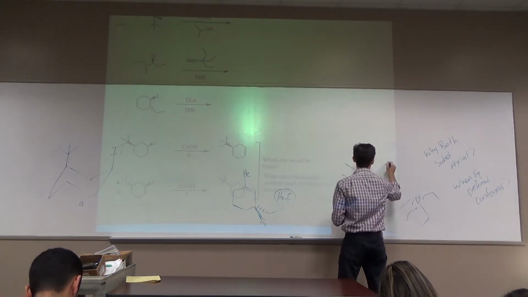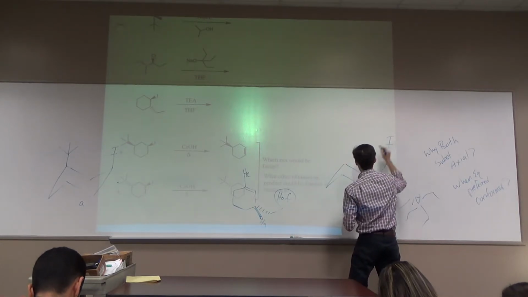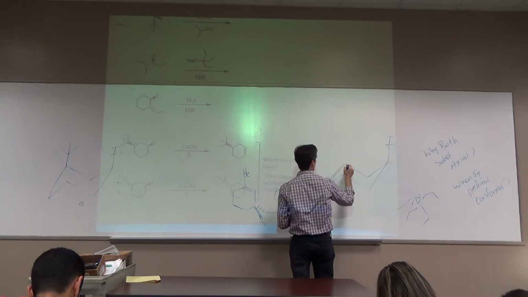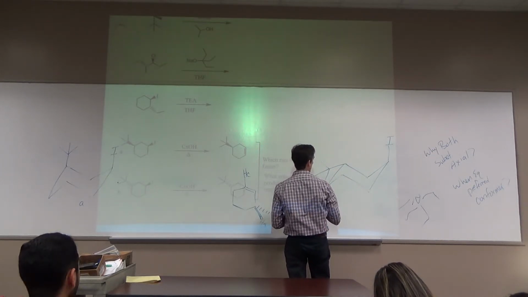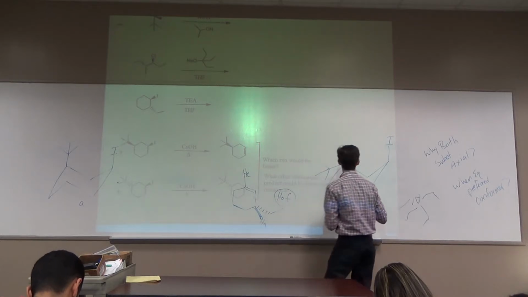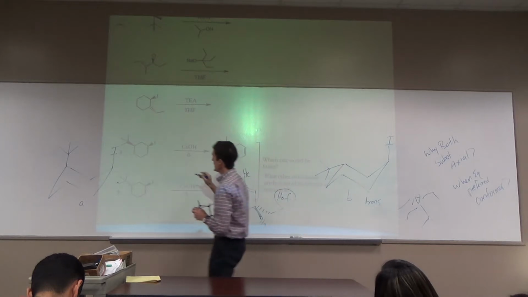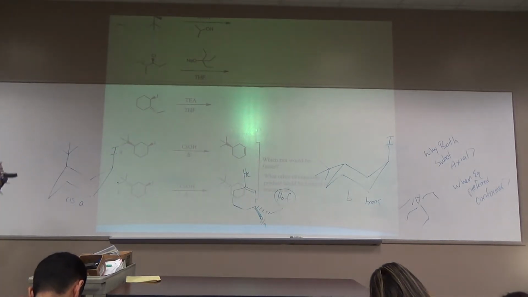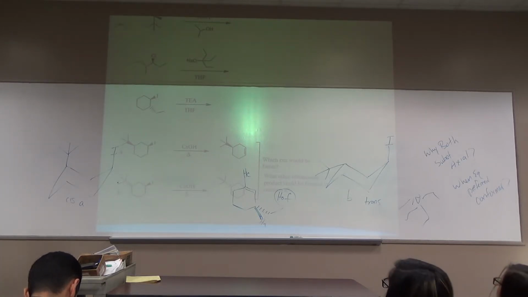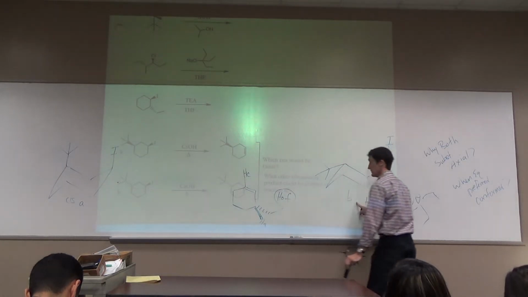Well, let's make sure the leaving group is where it needs to be. If it's axial, where will this be? This is B, which is trans, right? A was cis, this is cis, they're both up. This is the needed conformation. Which one's more likely to be in this conformation? B, because it's here. B is more likely.